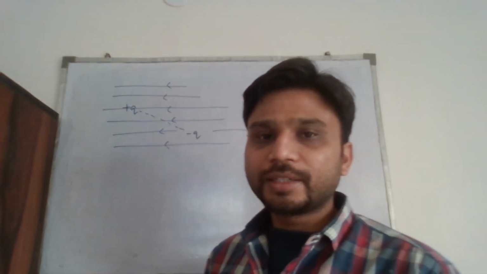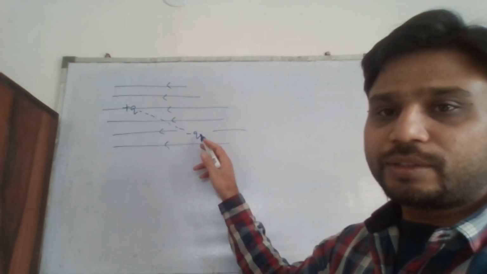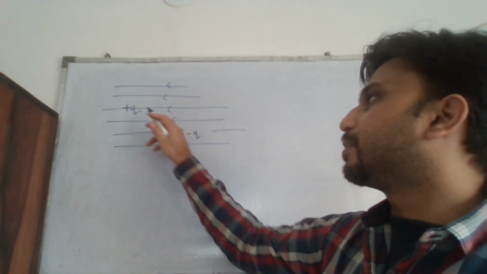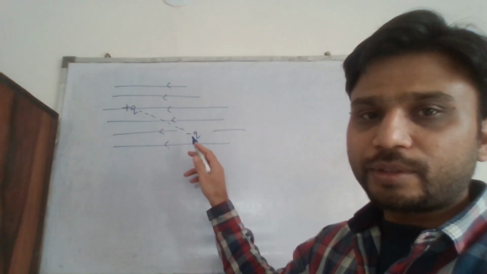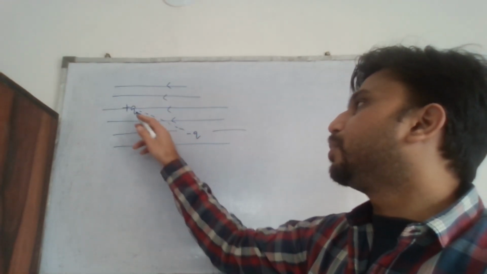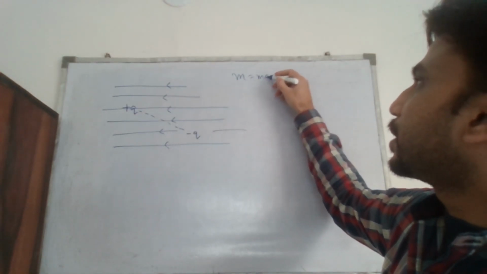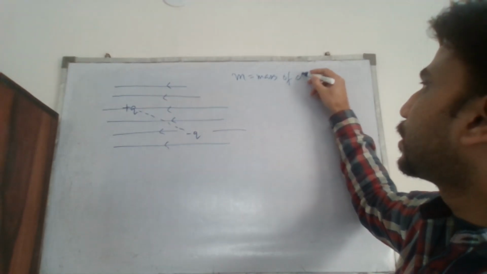Question says that we are given that this distance between the charges of the dipole is fixed by a rod. So that rod is basically a light rod and both the charges have a mass m.